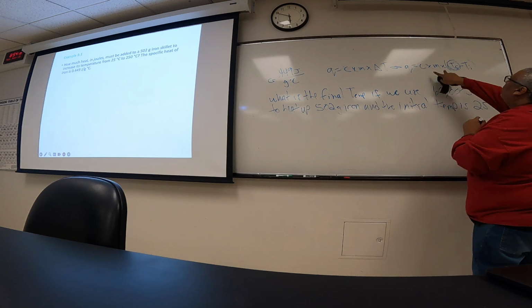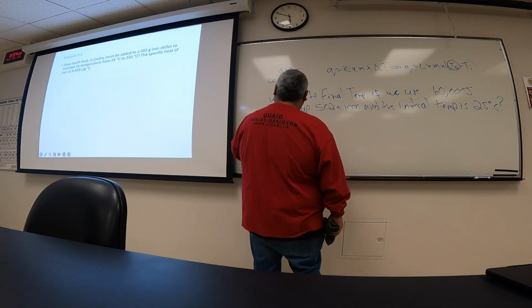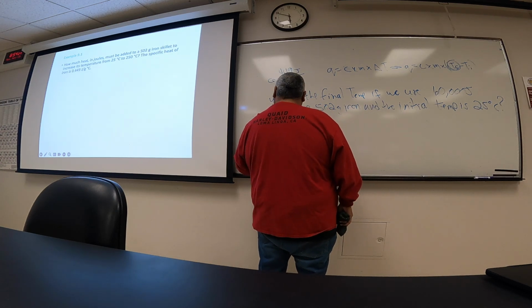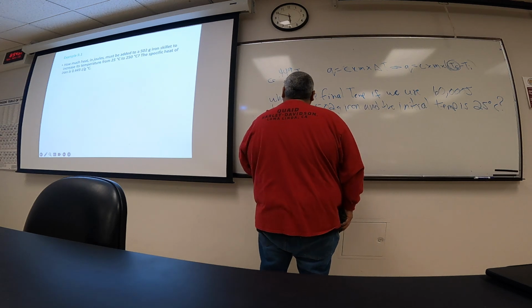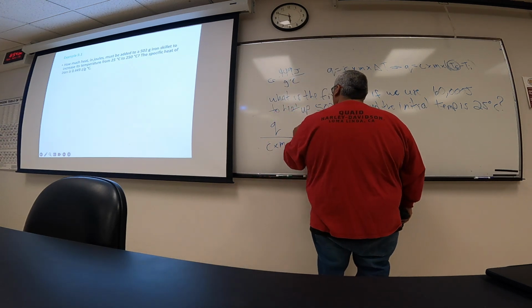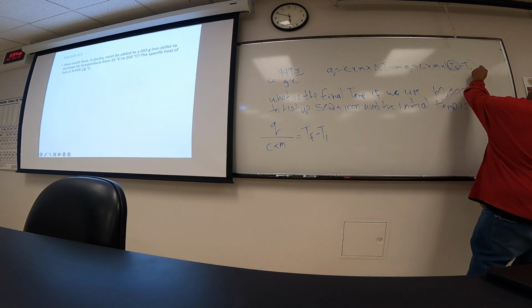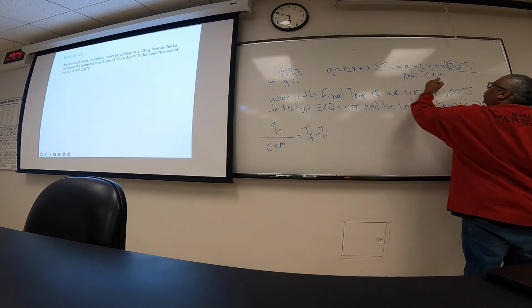So I'm going to work on this down here a little bit. Here we're going to say Q divided by the specific heat. If I divide this by this, I have to do the same thing over here, correct?